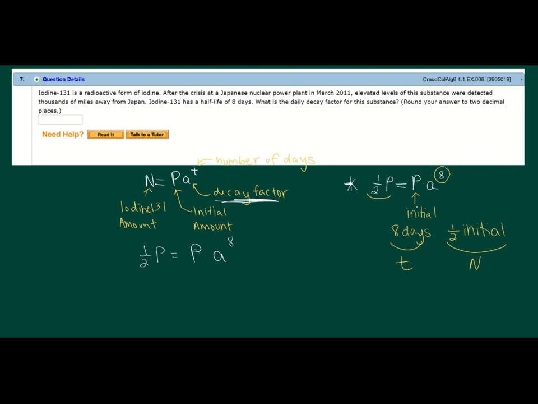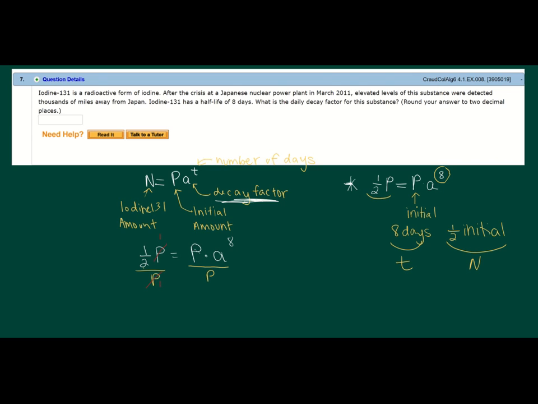So somehow I need to do some algebraic manipulation, some symbolic movement, to get rid of this P. So I have P times a to the 8th. I'm trying to get that a to be the only variable left. So what I'm going to do now is divide both sides of this equation by P. This is something that we have done before. Whenever you have some value or quantity that appears in both the numerator and the denominator an equal number of times, they cancel each other out.